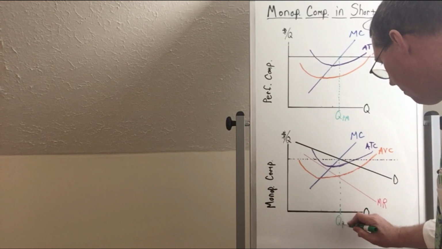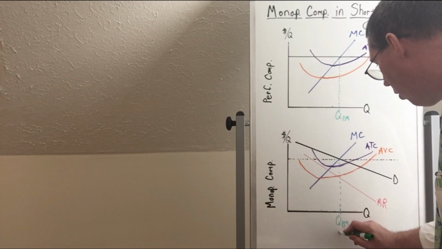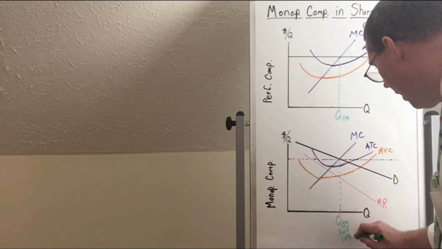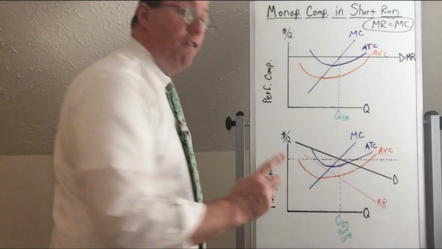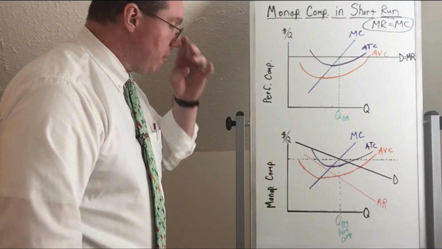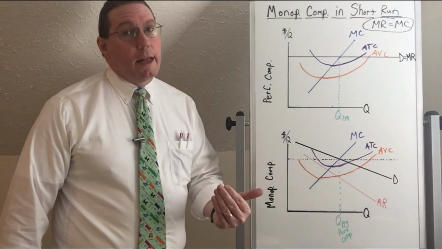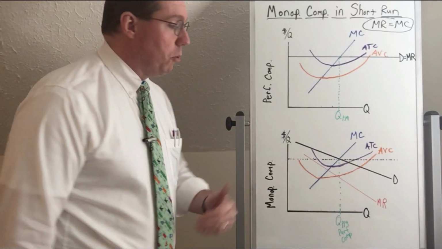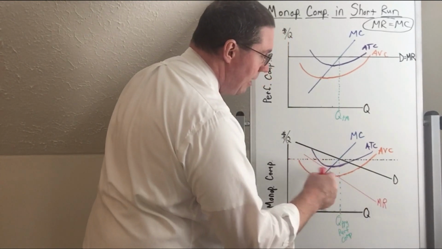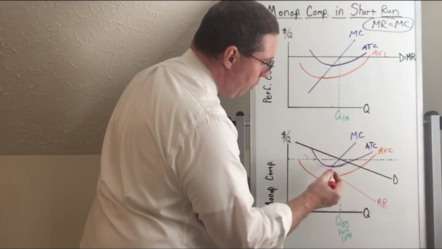So that is the profit maximizing quantity for perfect competition. And now we're going to look at what the profit maximizing quantity is for the monopolistic competitor. The monopolistic competitor is going to choose a quantity where marginal revenue is equal to marginal cost. Well, the marginal revenue curve is this red curve here, and it intersects the marginal cost curve right here.